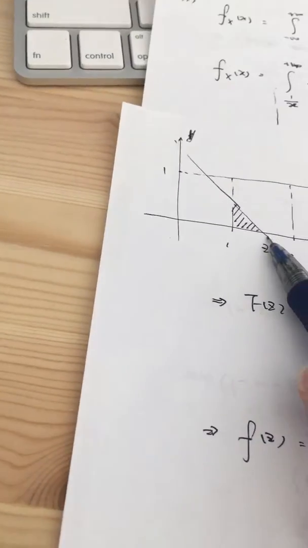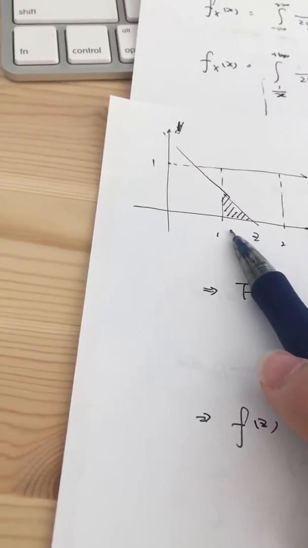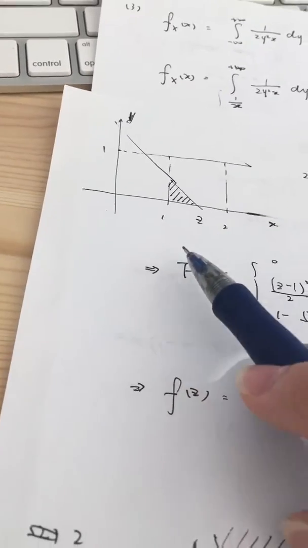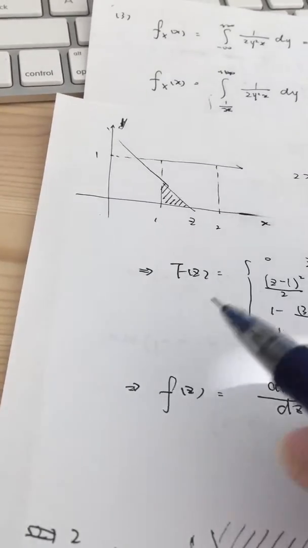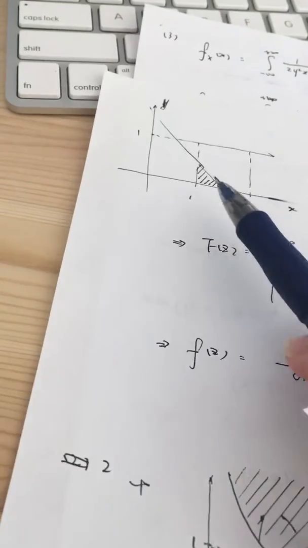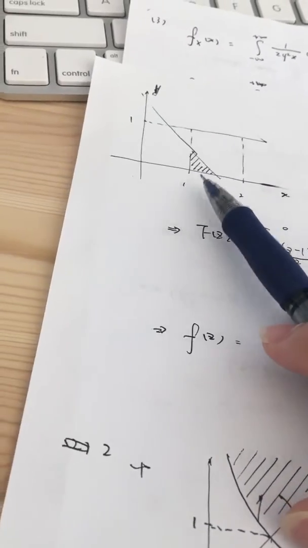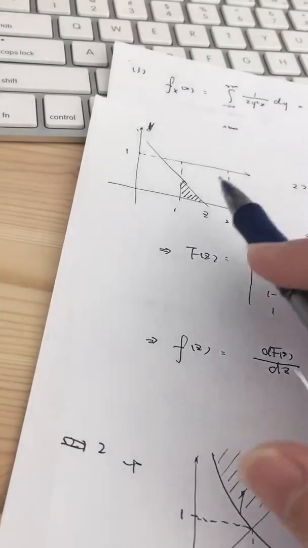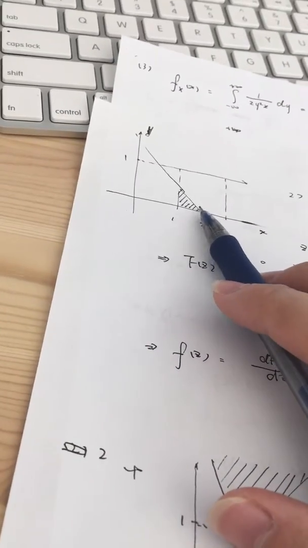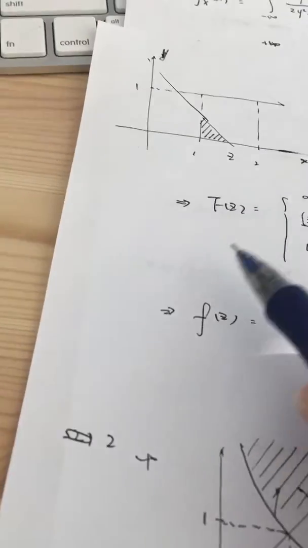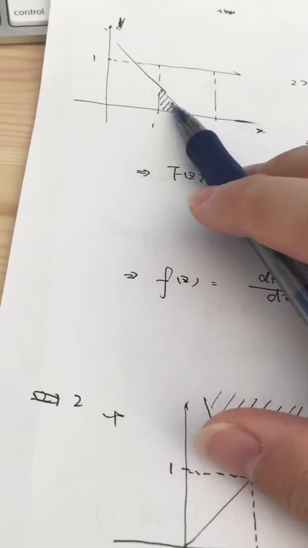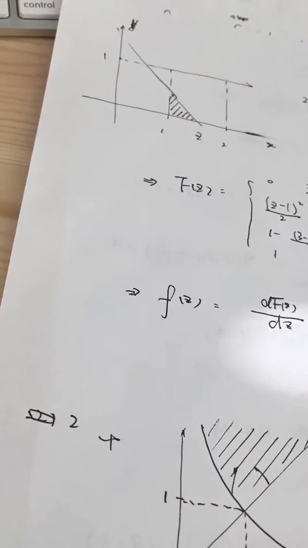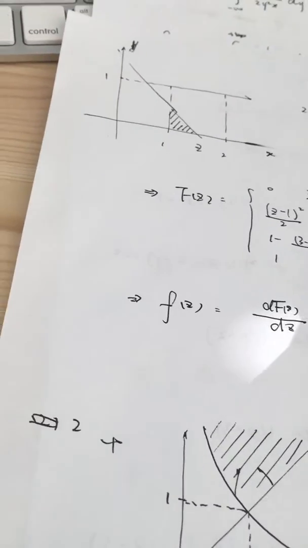When the Z line moves down to here, which means Z is between 1 and 2, using the same way of computing the geometric probability, this length is Z minus 1, and (Z minus 1) squared over 2 is this triangle's area. That is pretty much what we need to know about F_Z.